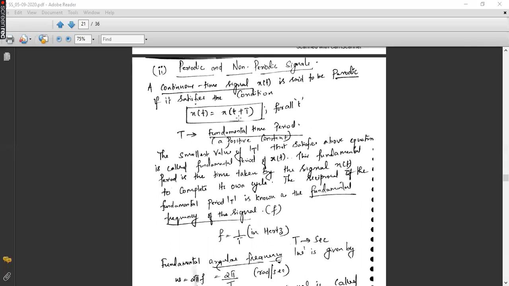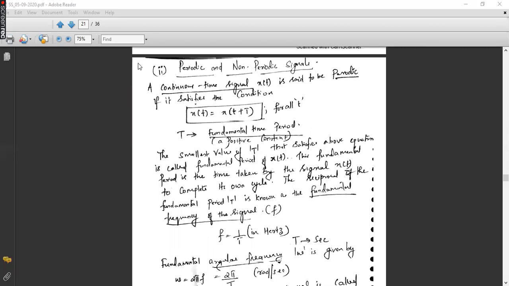Capital T is 5, small letter t is 1. So how will this equation become? No problem. Next. Lokesh, x of 1 will be equal to x of 6.